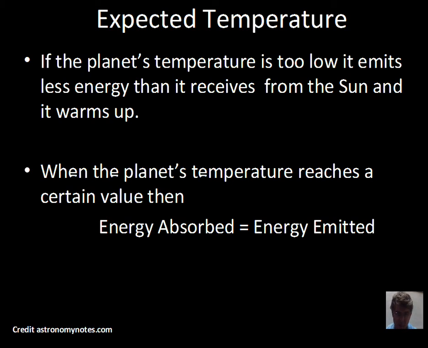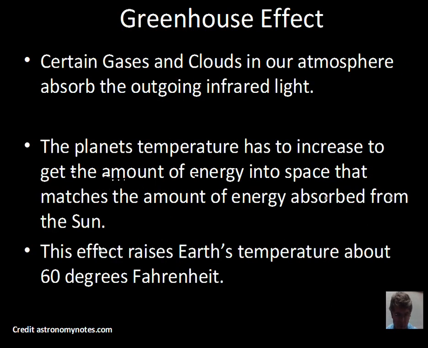But the basic relationship is that the amount of energy absorbed is equal to the energy emitted. We can modify this a little bit in that if the temperature goes up, the energy emitted will increase. So we'll get to more of the details with the greenhouse effect here.